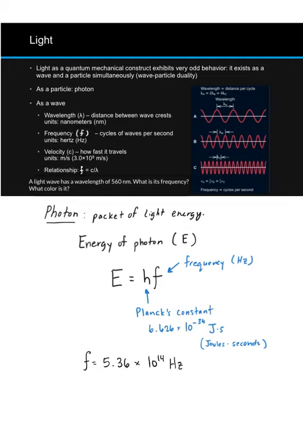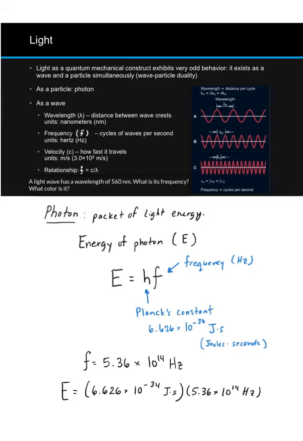The energy of this same light wave would be equal to Planck's constant, 6.626 times 10 to the negative 34 joules times seconds, times the frequency, 5.36 times 10 to the 14 hertz.